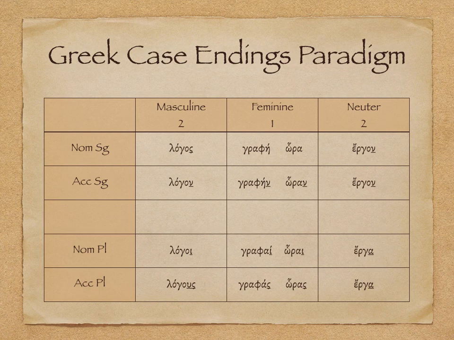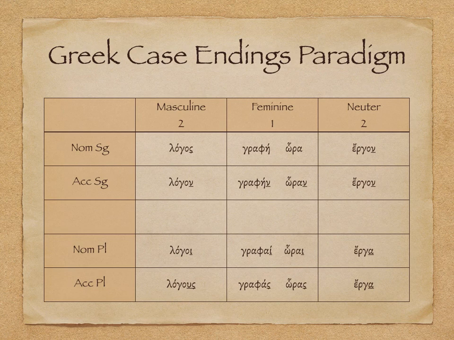Feminine, graphe, graphane, graphai, graphos. Chora, choran, chorai, choros. Neuter, ergon, ergon, erga, erga. You notice already some patterns. Nominative, accusative, singular, neuter are the same, and the same for the plural. That's actually going to be a rule we'll look at momentarily.